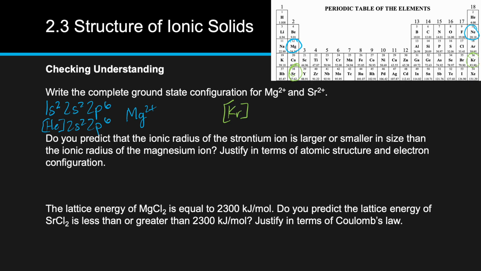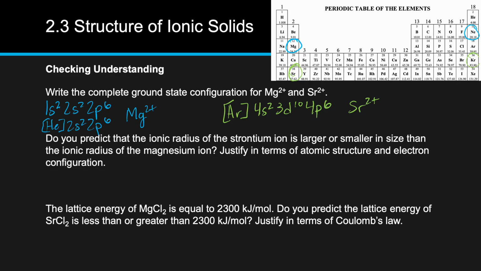So we are going to argon, and then we're going to start from there. So we have 4s2. Remember, the d sublevel starts at 3, so 3d10, and then 4p6. And that would be our electron configuration for the strontium 2+ ion.